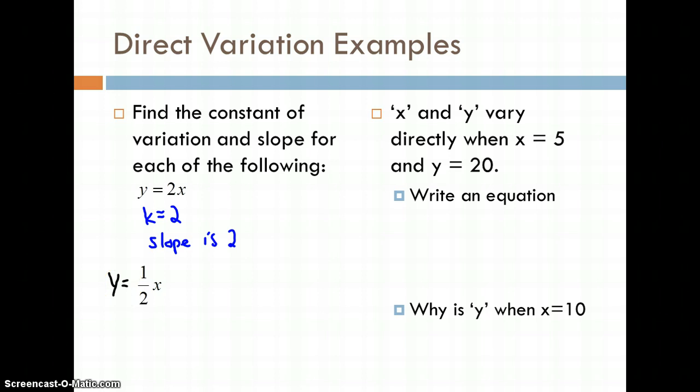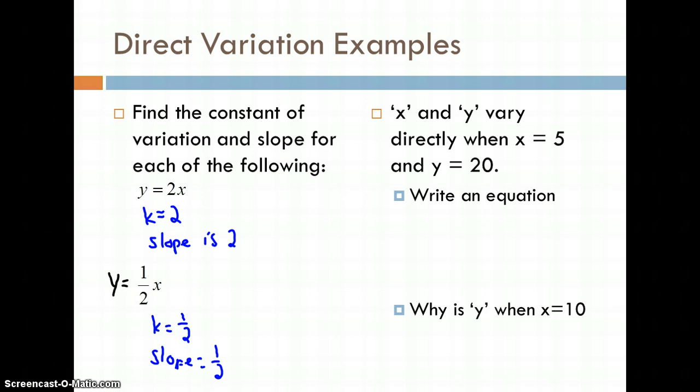But anyway, the k in this one is 1/2, and the slope is also 1/2. So hopefully we see that those are always going to be the same. The number in front of x, just as before, was the slope. It is now also referred to as k for direct variation.